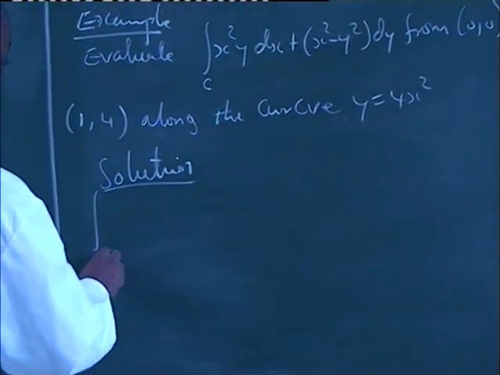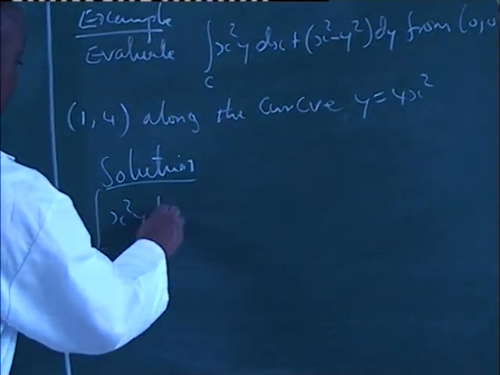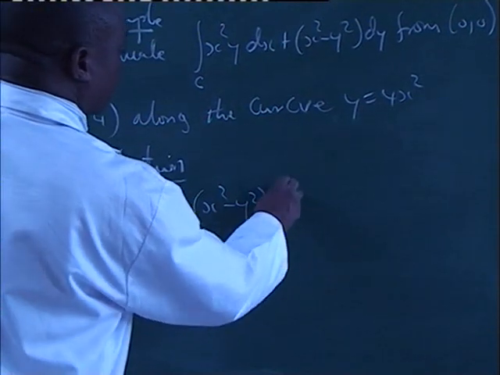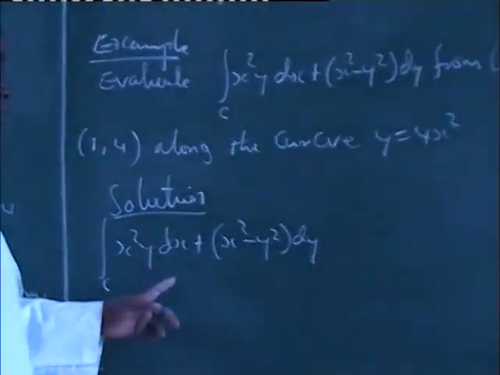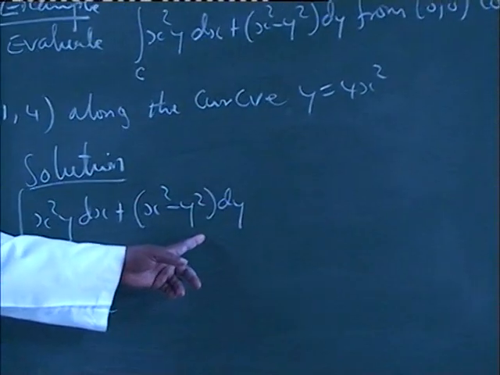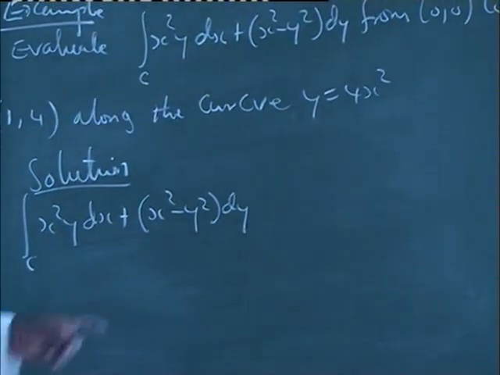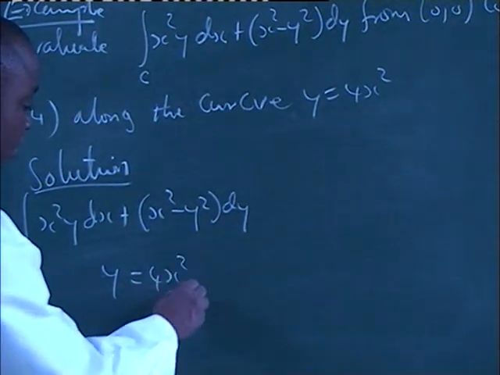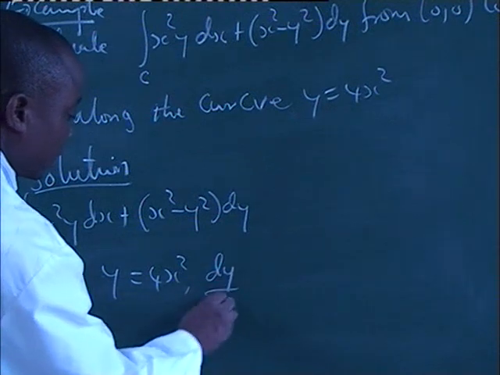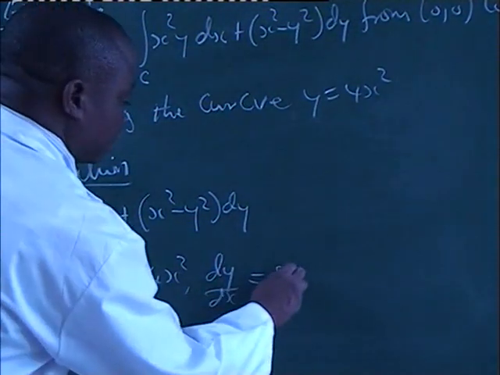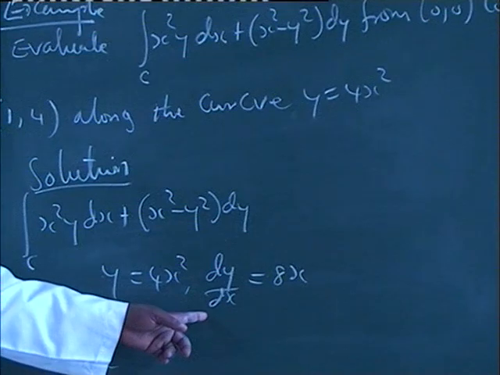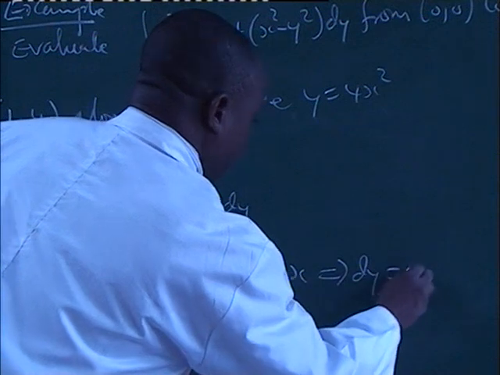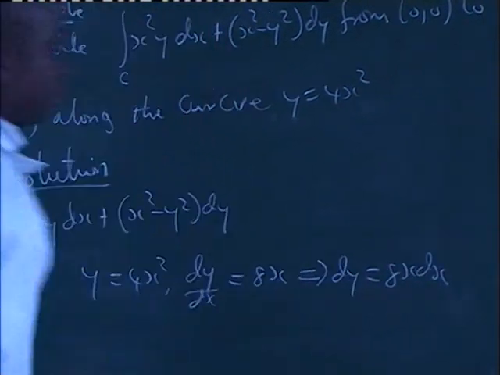Now we are given that y is equal to 4x squared, which means dy/dx is 8x. So it implies that dy is equal to 8x dx.